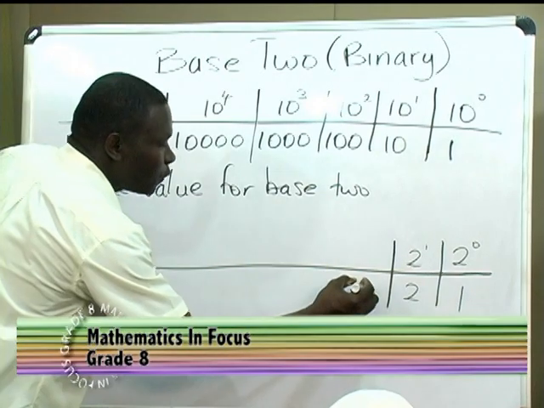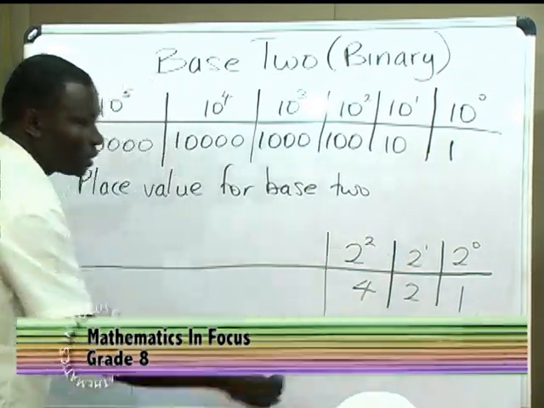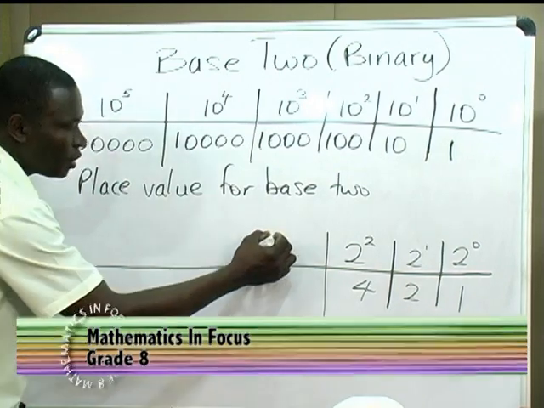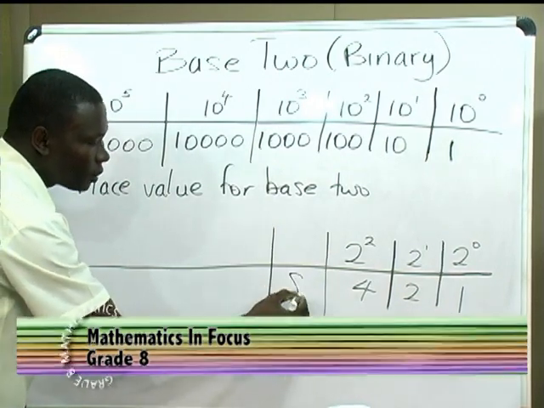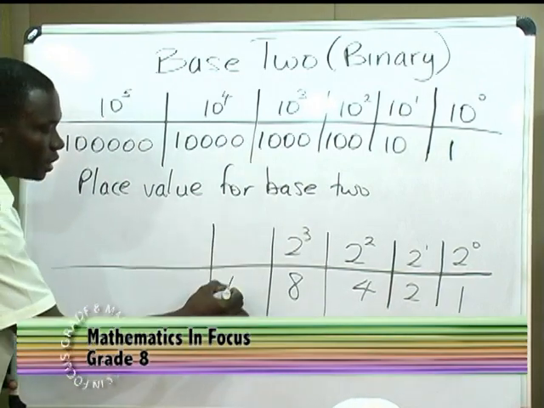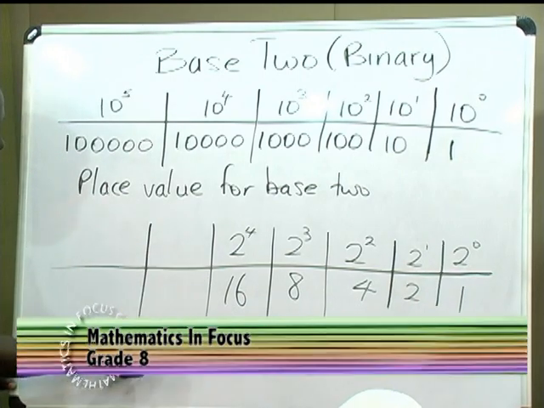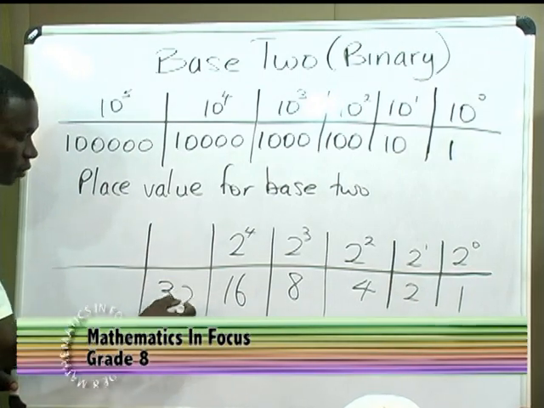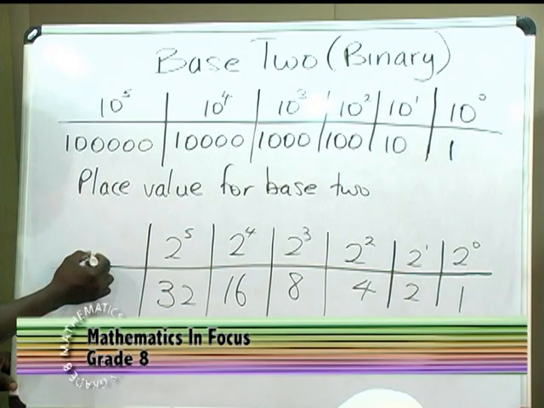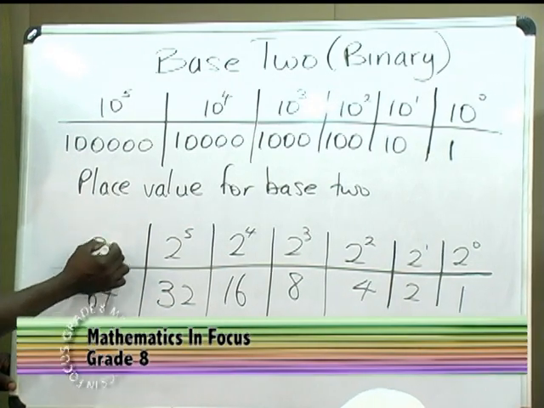2 twos, 4, which is the same as 2 to the second power. Then we have 4 twos, 8, which is 2 to the third. Then we have 8 twos, 16, which is 2 to the fourth. 16 twos, 32, which is 2 to the fifth. And 32 twos, 64, which is 2 to the sixth.